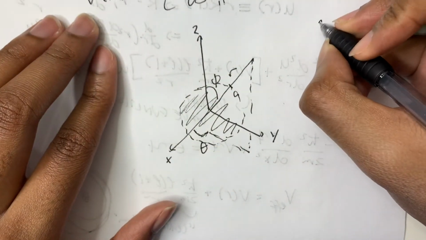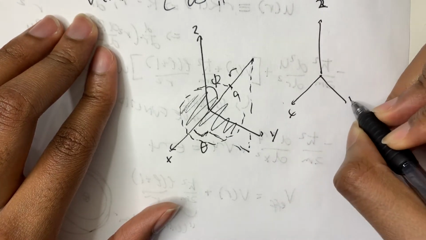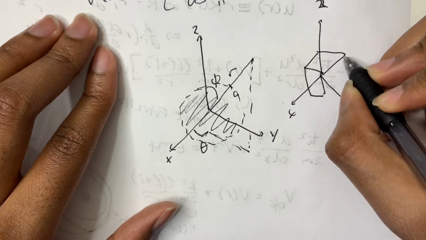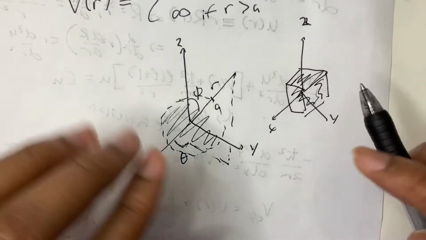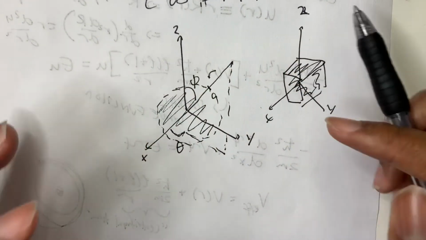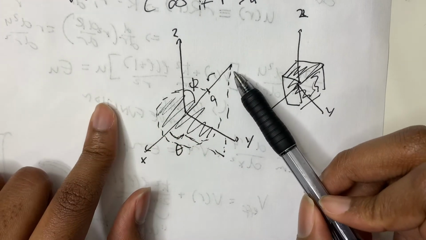So let me draw that right now. We have z, we have x, here we have y, and our potential was in the shape of a cube. Inside the cube it's 0, outside infinity, and here we have almost the same thing. Inside the sphere, it's 0, outside, it's infinity.